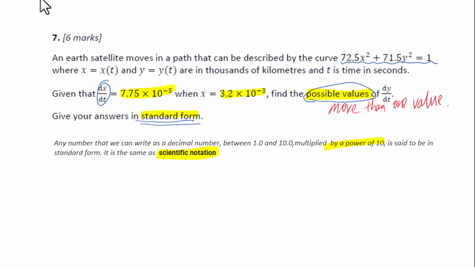Since we are looking for dy by dt, dx by dt is given. Both x and y are a function of t.